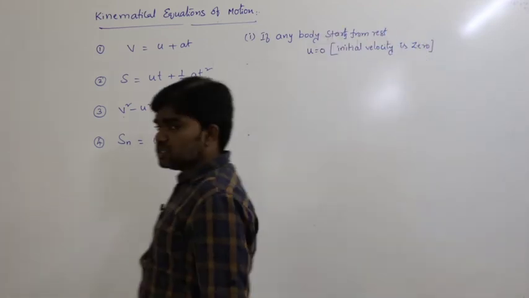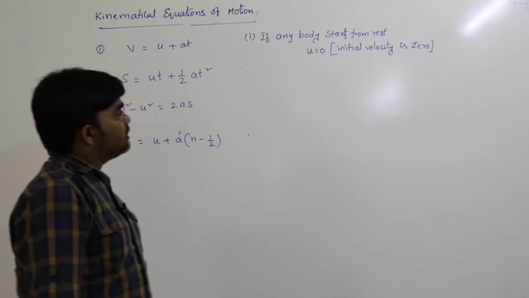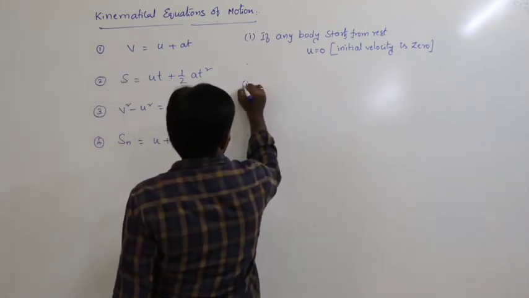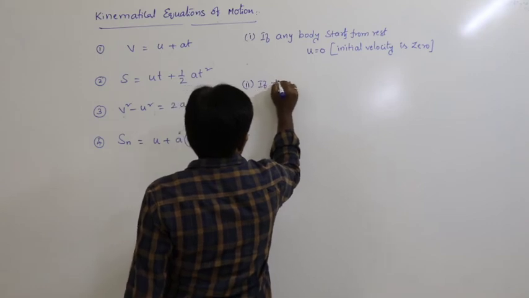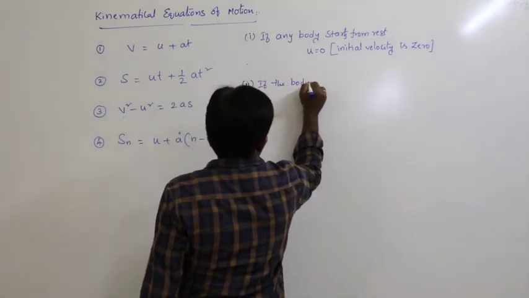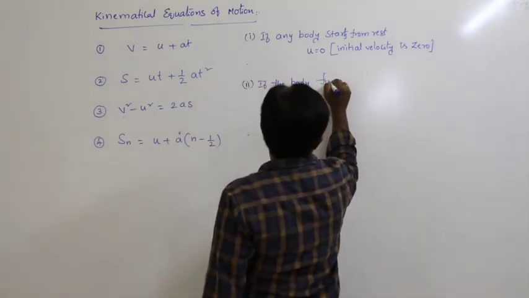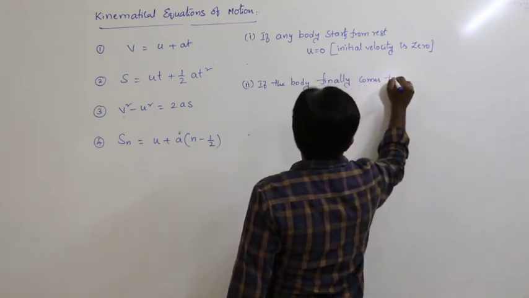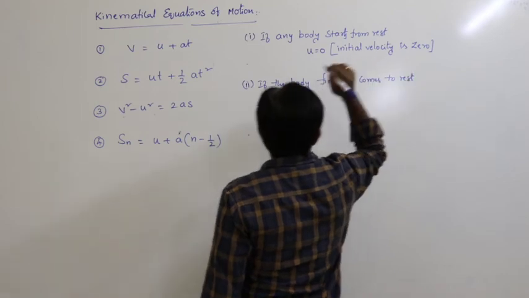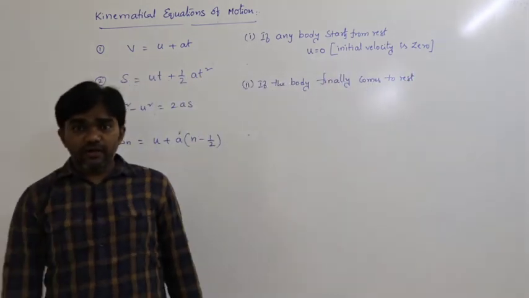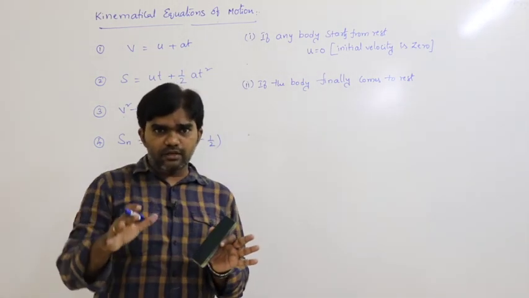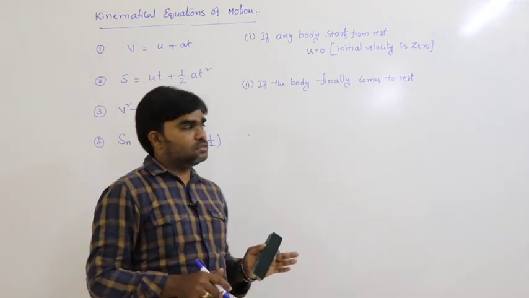If any body starts from rest, the initial velocity of the body must be equal to 0. Second point, if the body finally comes to rest, that means initially the body was moving with a certain speed, and finally the body comes to rest.